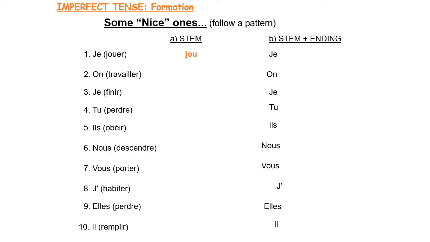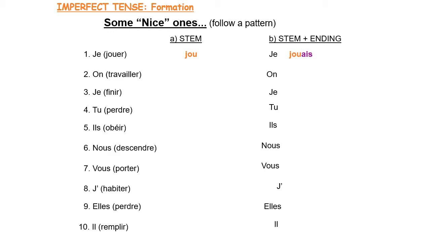Okay. And then the next part of the activity is I want the je form of this in the imperfect tense. So I take my stem jou, I add my je endings, which are AIS, and I end up with je jouais. Now, what would I like you to do? Well, I've written these 2 columns for a reason.